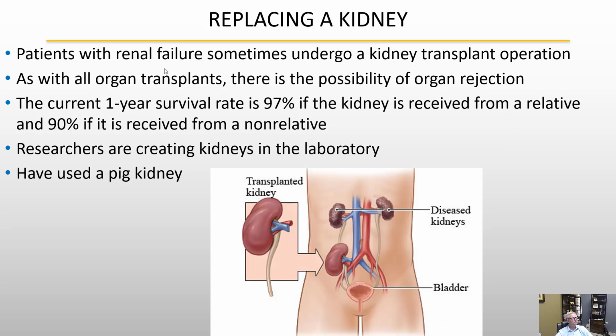And with kidney transplant, obviously there's going to be a possibility of organ rejection, but typically the 1-year survival rate is going to be 97% if you receive a kidney from a relative, and about 90% if you receive a kidney from a non-relative.